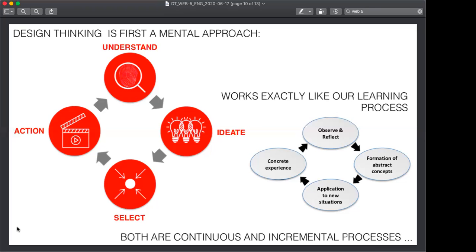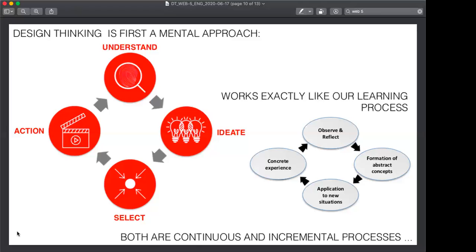Then I start with a concrete experience about the concept, the prototype, let me say, of my concept that I have to experiment in reality. And this is exactly the action phase that we have defined in design thinking.